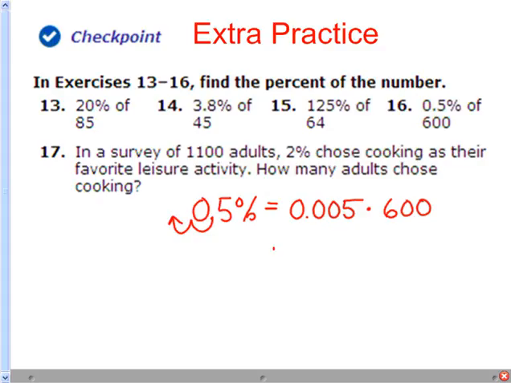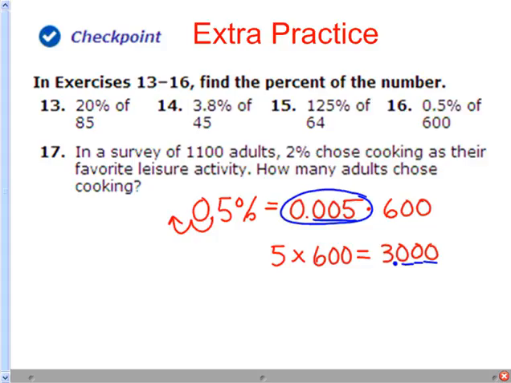I'm just going to do 5 times 600, which I know would be 3,000. I'm going to go back up here and think my original problem had 3 decimal places. So 1, 2, 3, and there it is. 1/2 of 1% of 600 is 3. This is a tiny percent, so it makes sense I should end up with a small portion of 600.